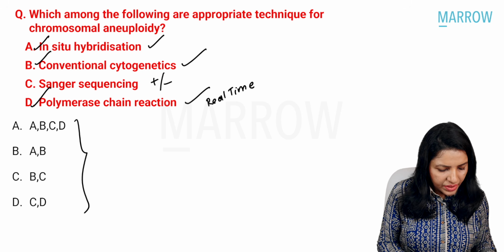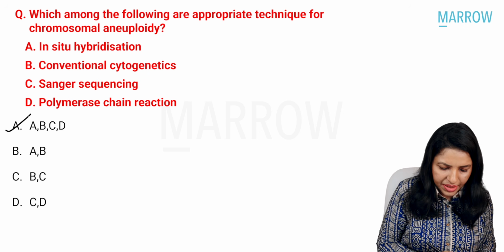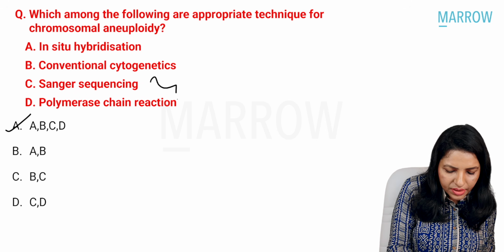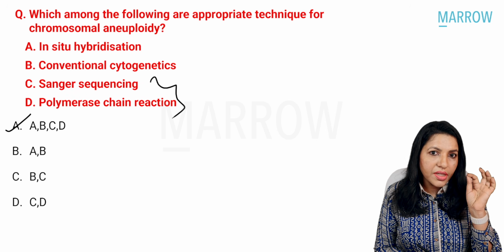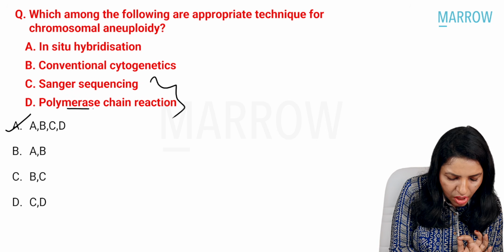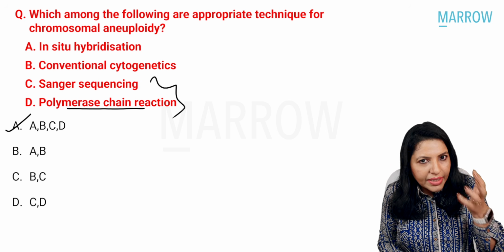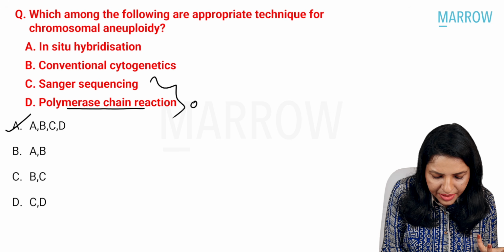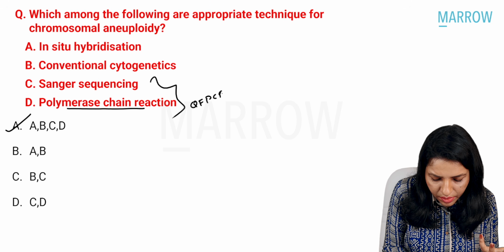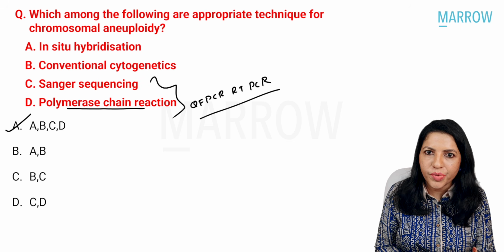So I am giving the answer as A, B, C, D, because when you consider conventional polymerase, it is not mentioned what type of PCR. A type of PCR called QF PCR or real-time PCR can detect aneuploidy.